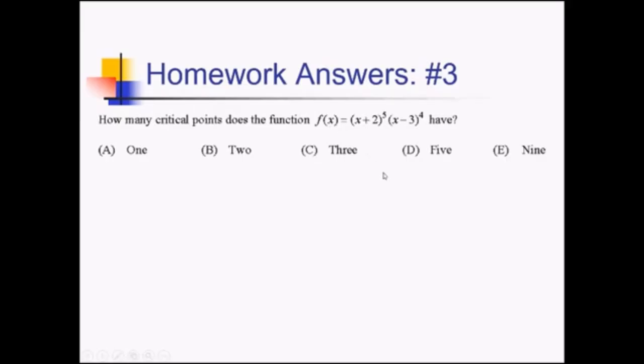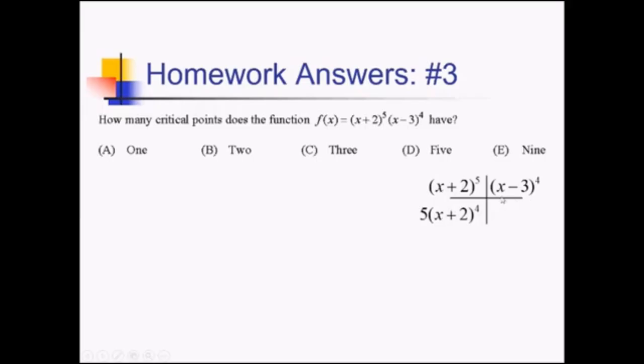Best way to do this is by using the product rule, unless you want to expand all this craziness. So let me use my box and ribbon then. My factors are (x+2)^5, (x-3)^4, and their derivatives, using our power rule, we've got 5 times (x+2) to the 4th, and there's no tail on this one. I mean, the derivative of x+2 is just 1, so we don't have to write that.